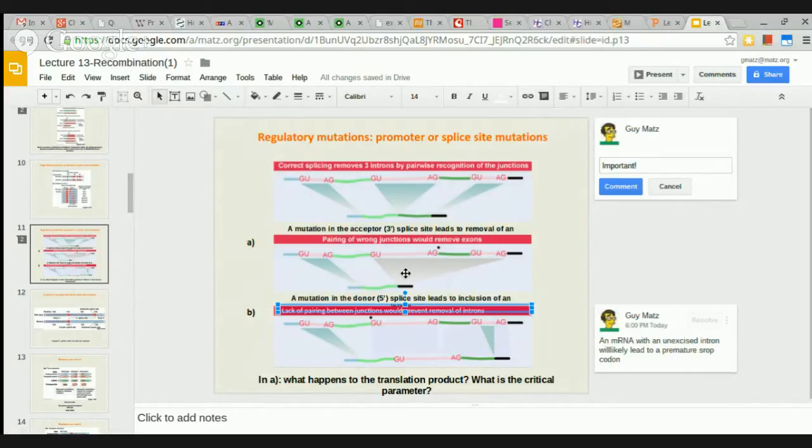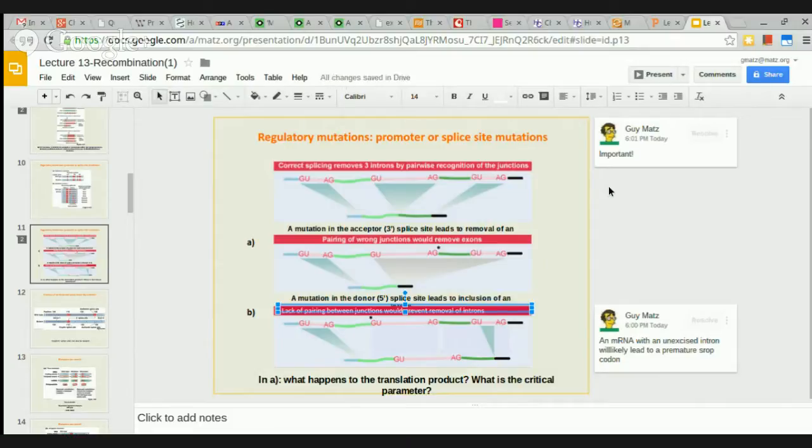Okay, so in reality, is this just removing a specific number of nucleotide residues that are part of the dark green exon here? It's just not there. Does that have a consequence on the translation product? And what's the critical parameter?